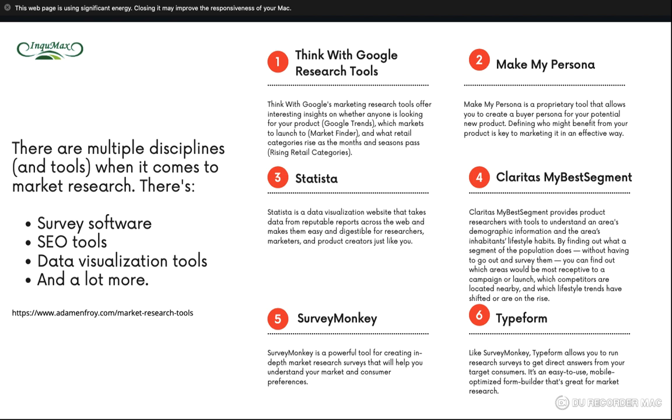So, for example, Think with Google Research Tool is a tool I've used time and time again, and it's very effective, right? You get to see insights about a product or service across different demographics, and you get to see how the product or service has been trending over a couple of years. Very interesting tool to explore.